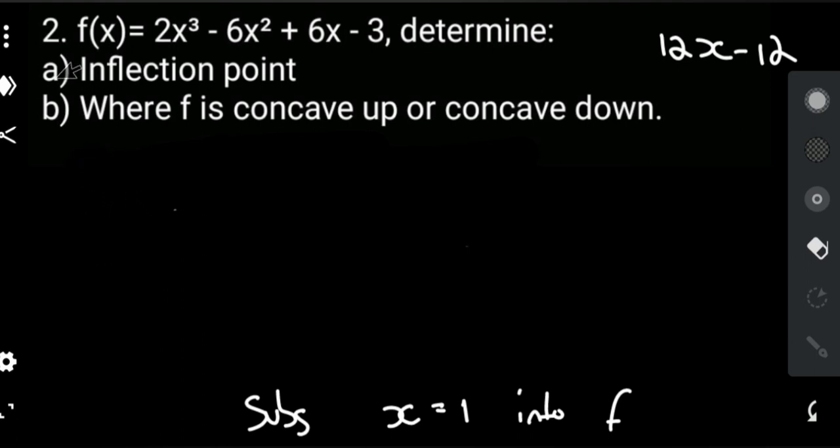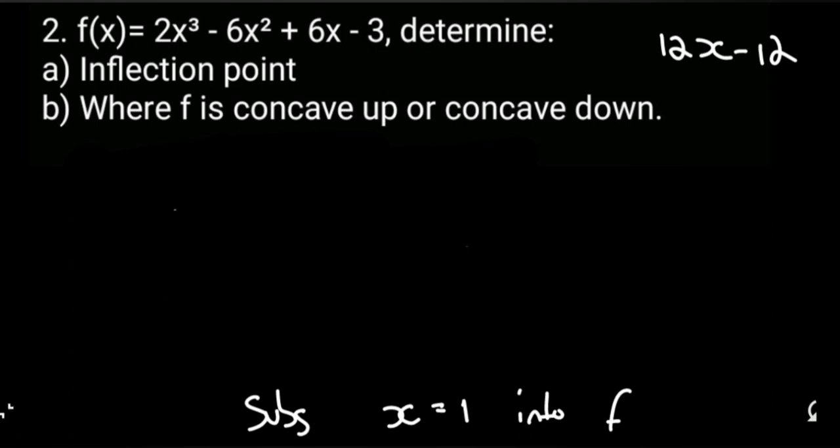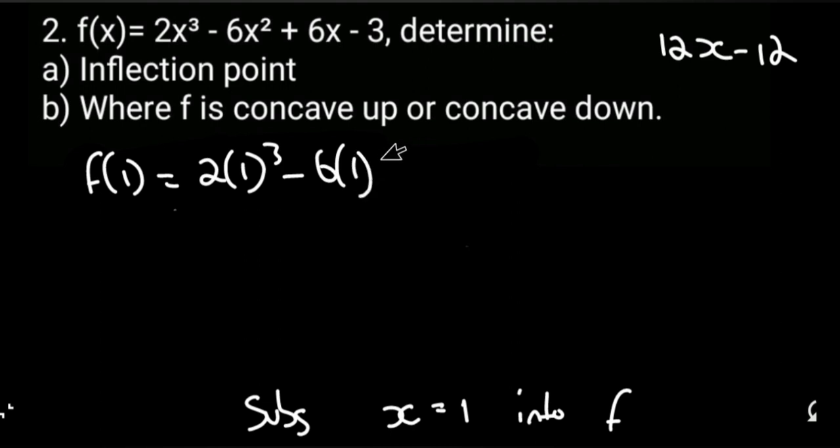So f of 1 is equal to 2 into 1 cubed minus 6 into 1 squared plus 6 into 1 minus 3.